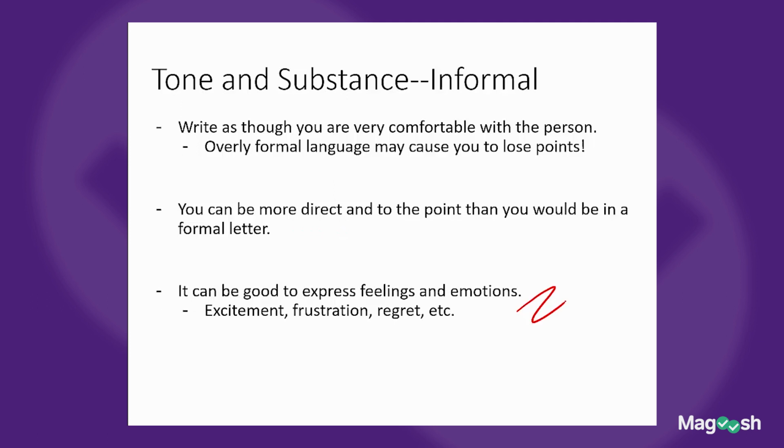In informal letters, now not all of the time, but in many cases, you can express feelings and emotions. Okay, you can talk about how you're excited or frustrated or how you regret something. Feelings and emotions will be much less appropriate for your formal letters in almost all cases, okay? You don't talk about your feelings and emotions most of the time, for better or worse, with your boss, with your manager.